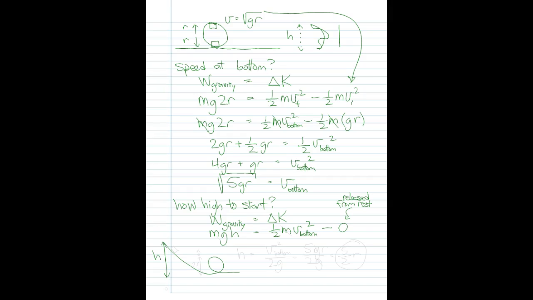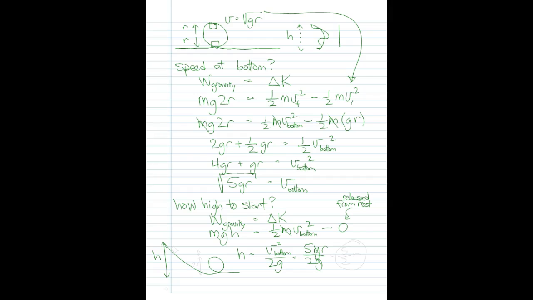And let's see, what was the question? Oh yeah, h. So we divide by m, and we get that h is v squared at the bottom all over 2g, and v squared at the bottom was 5gr, all over 2g.